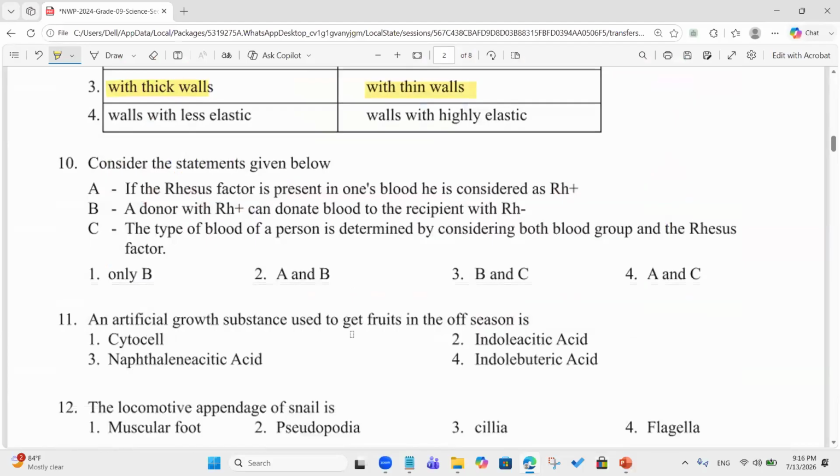Number 10. Consider the statements given below. Tell me what's the answer. What did you take as the answer? Right. Here, if the rhesus factor is present in one's blood, he is considered as RH plus. That's correct. Okay.